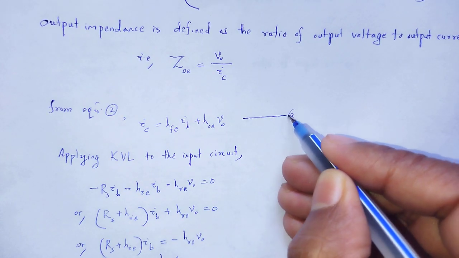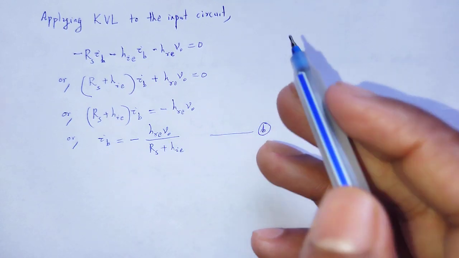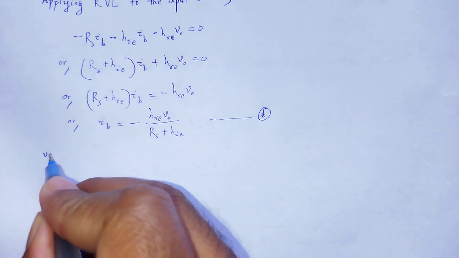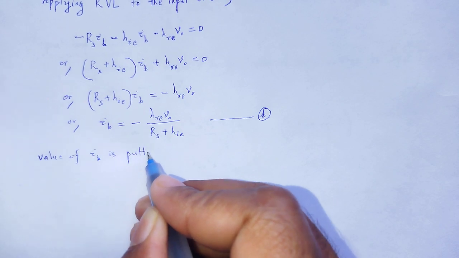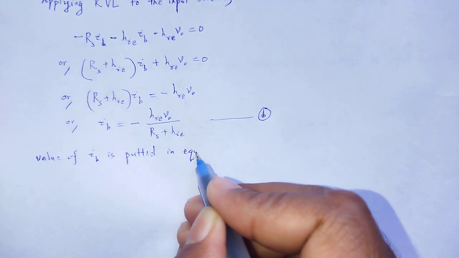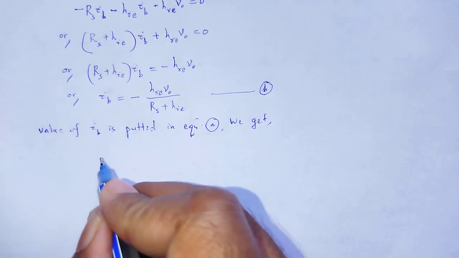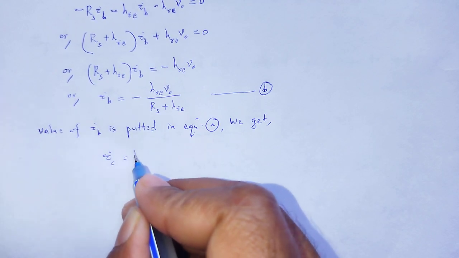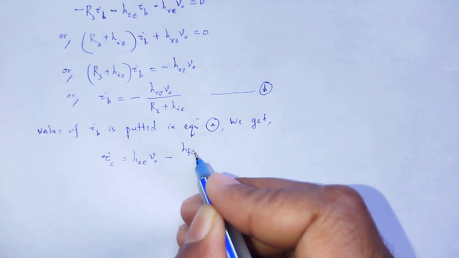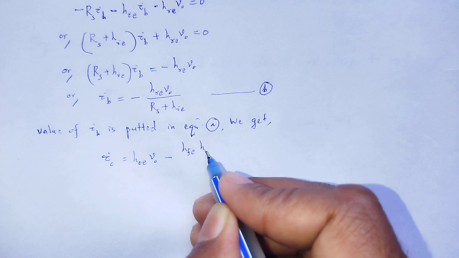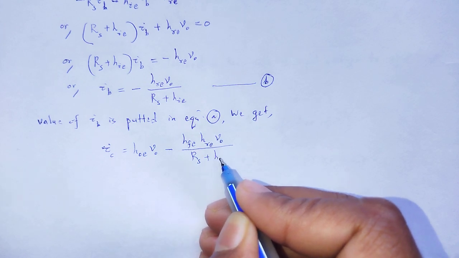Let us choose equation number A, and here is equation number B. So the value of IB is put in equation A. We get IC is equal to HOE VO minus HFE HRE VO divided by RS plus HIE.